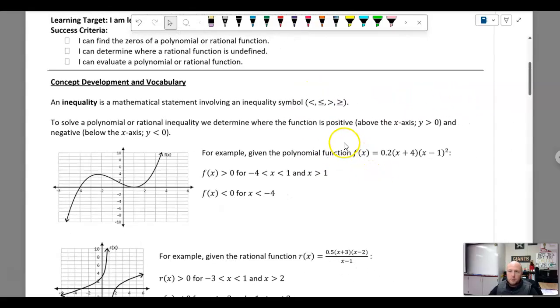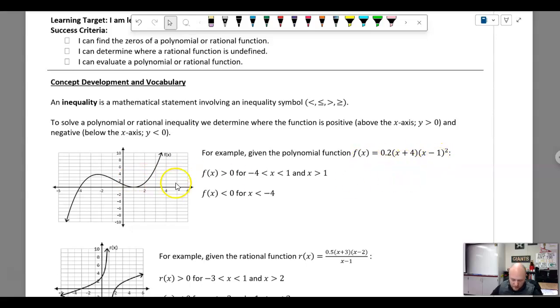In order to solve a polynomial or a rational inequality, we will first determine where the function is positive, where it's above the x-axis, and where it is negative. Here's an example. We have f of x equals 0.2 times (x plus 4) times (x minus 1) squared.